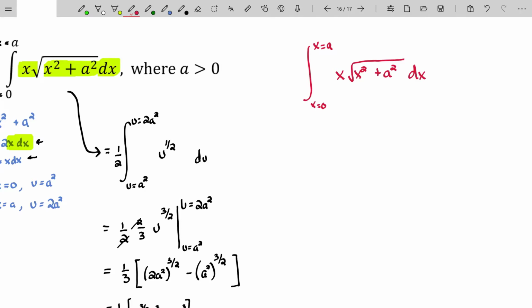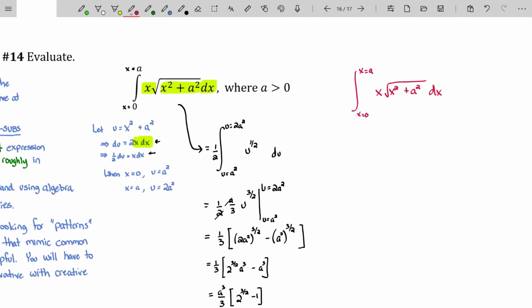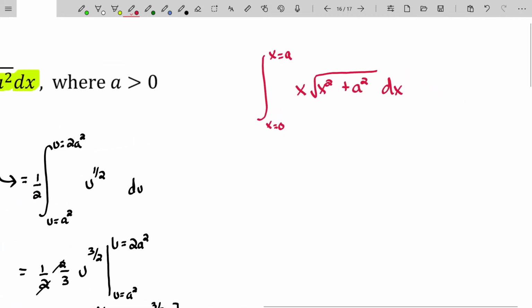Now, all of our substitutions are going to be identical, so there's no extra work that I have to do here. I would have had almost all of the same setup, with the exception that when I integrate this, if I choose to not change the limits, then I'm integrating 1/2 u to the 1/2 du.